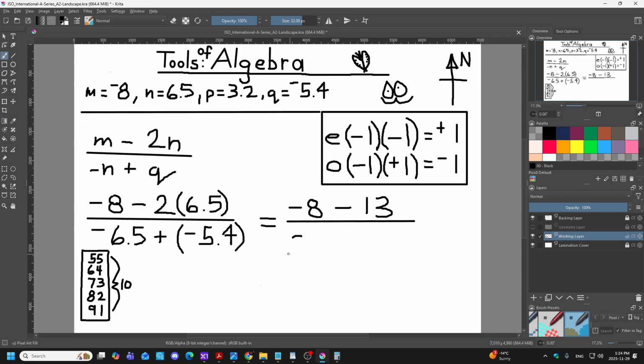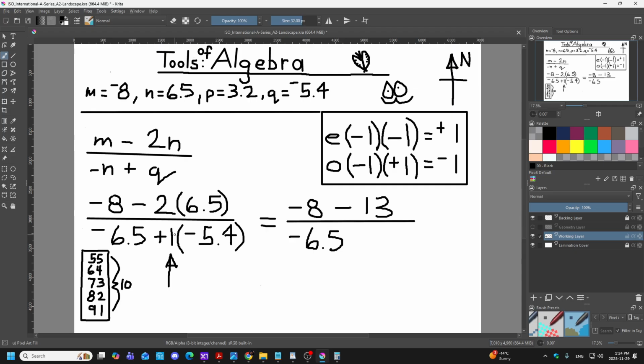Negative 6.5. Now, what happens here, right? A lot of people don't know this, but you do. There is a secret or magical imaginary 1 there. It's the same thing as what I showed you earlier.